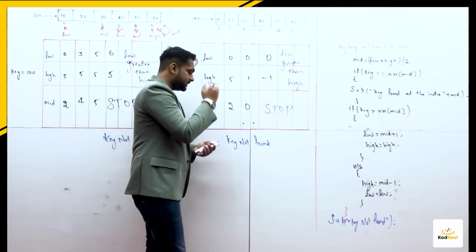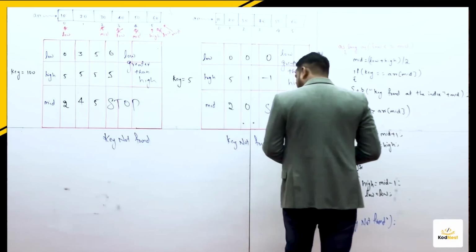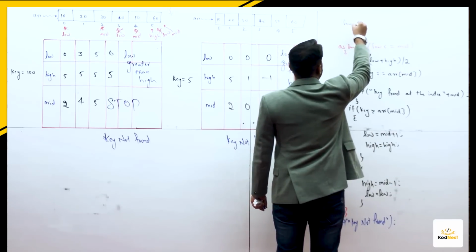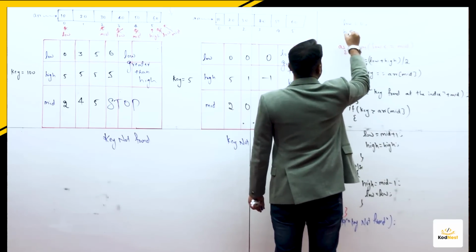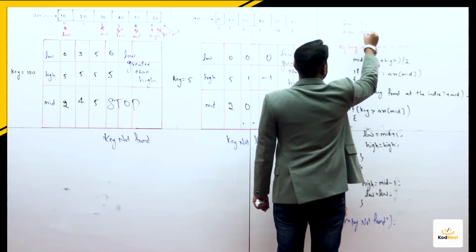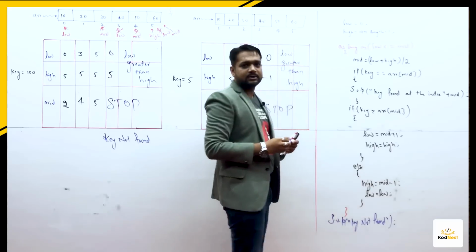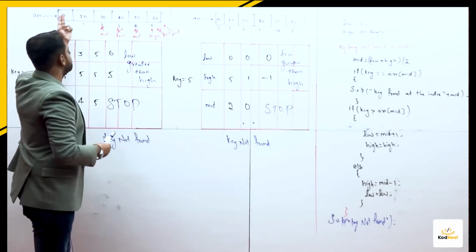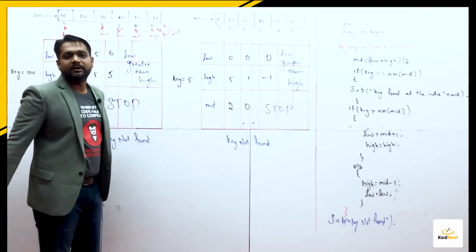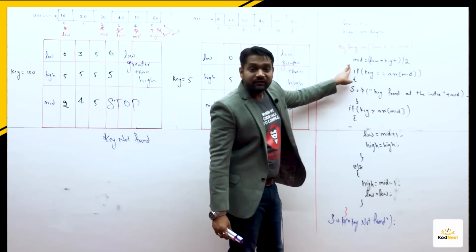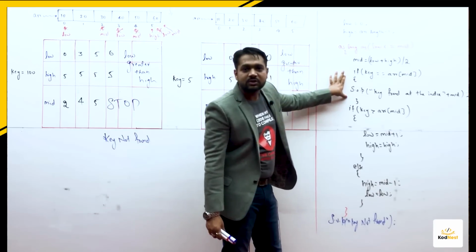Now whatever you are seeing here, this only is the binary search algorithm. Initially low will be 0, high will be array length -1. Then you will calculate mid. After calculating mid, you check whether key is equal to A of mid.